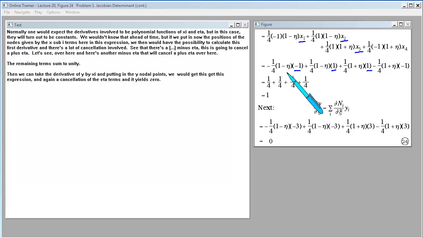You see that there's here a minus eta, which is going to cancel a plus eta, let's say over here, and then here's another minus eta that will cancel a plus eta over here. The remaining terms sum to unity. Then we can take the derivative of y by xi, and putting in the y nodal points, we would get this expression, and again a cancellation of the eta terms and yields 0.